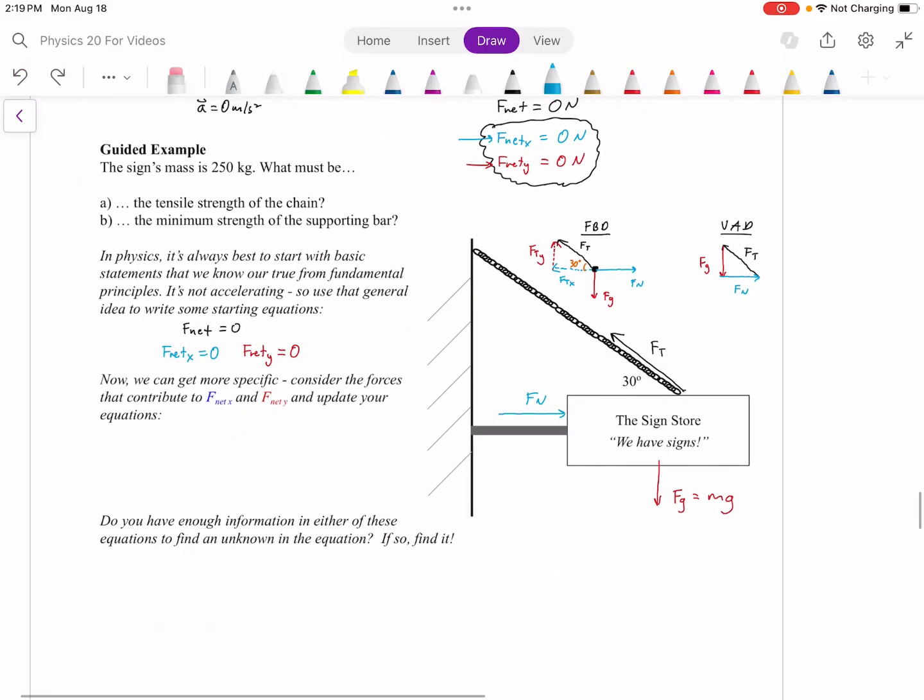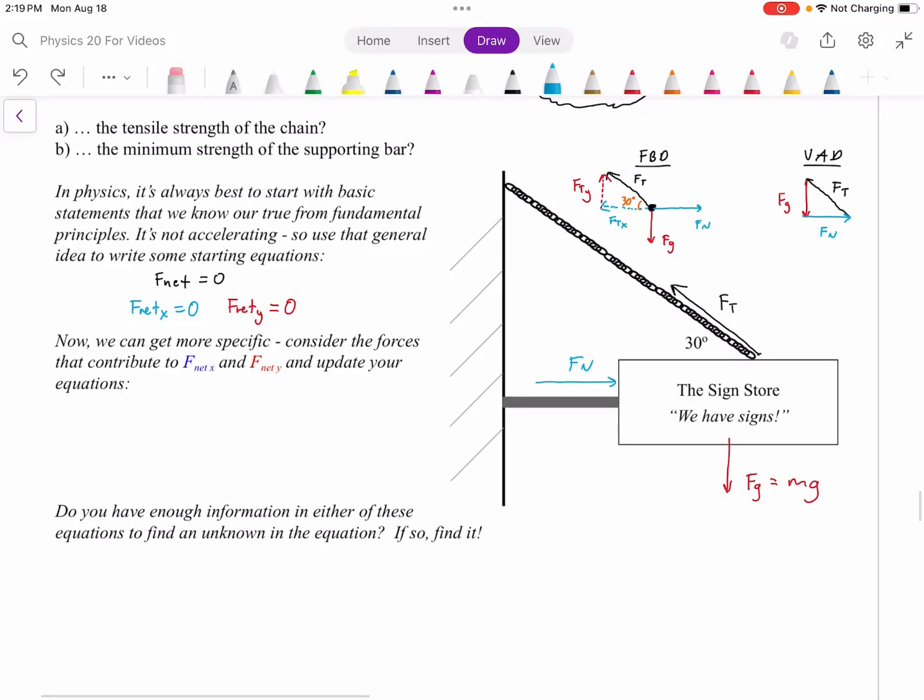Okay, so we've started to get the picture here now, right? We know that F net x is zero. Well, once again, what is F net x? It's the result of adding up every x component. Now that we've done some work here, F net x equaling zero means that, well, what are my x components? The normal force and tension's x component.